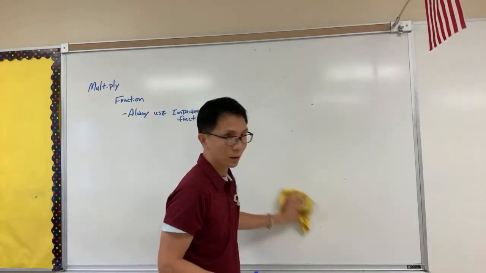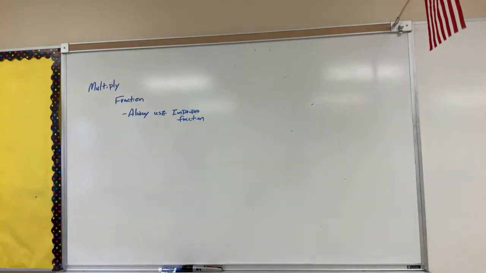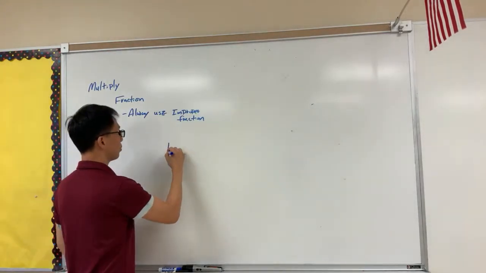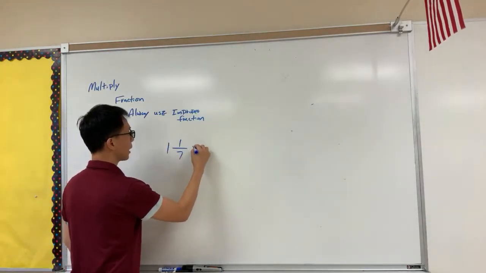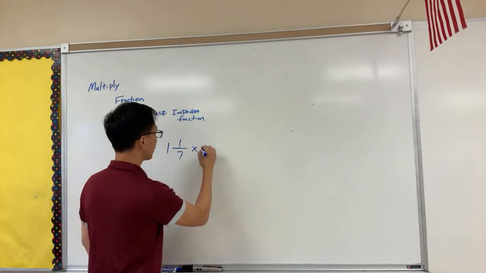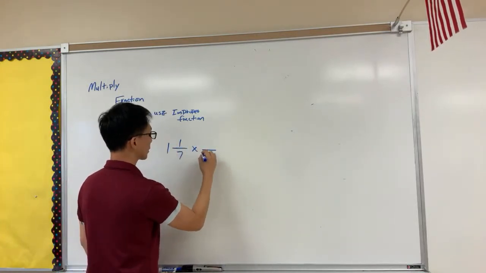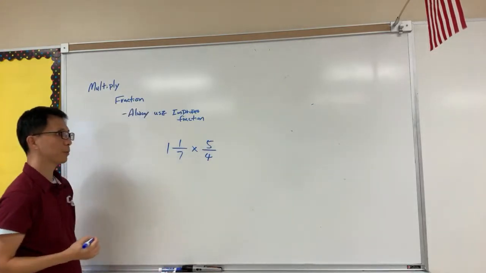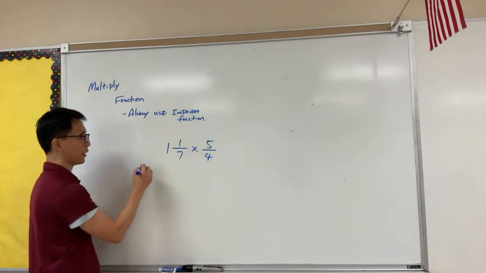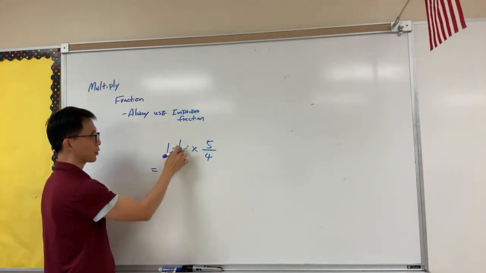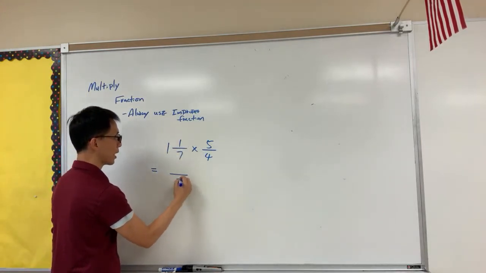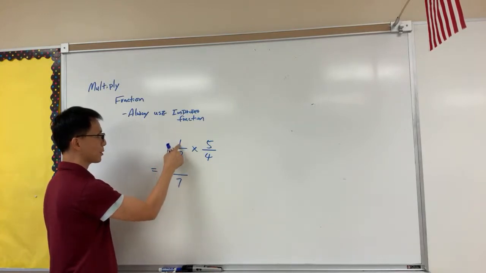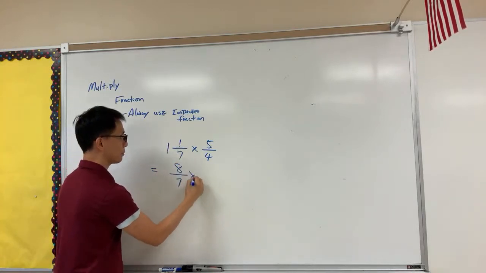So we're going to give a question like 1 and 1/7 times 4/5. When I multiply this, I want to change this to an improper fraction first. 7 times 1 is 7, 7 plus 1 is 8, times 5/4.